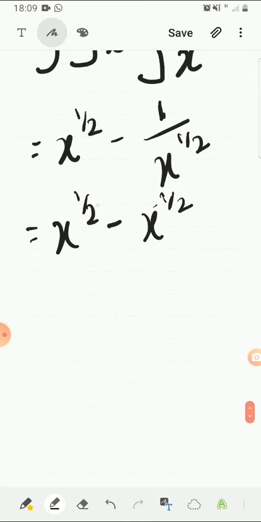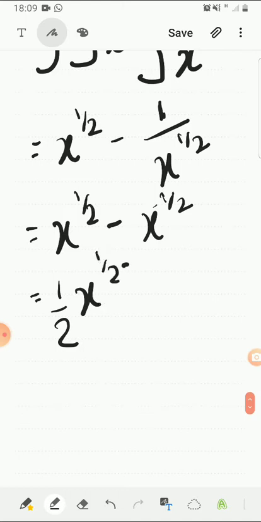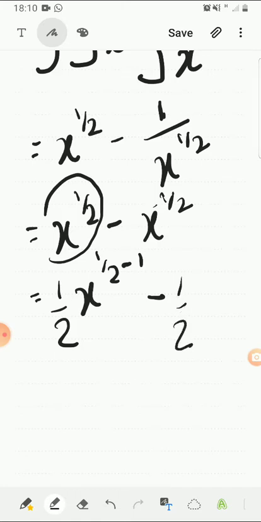Then you use the same power formula, bring the power to the front, which is 1 over 2, then x to the power of 1 over 2 minus 1, for this first part. Then minus, bring the power down, which is 1 over 2. Remember it has a minus, so you have to add the minus as well, with x to the power of minus half minus 1.